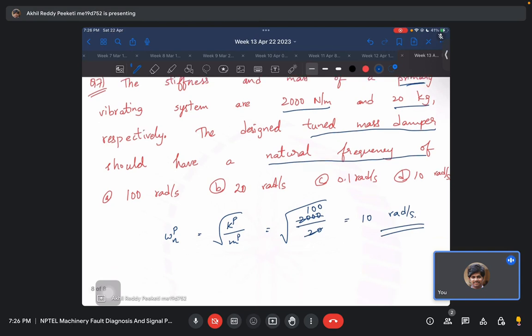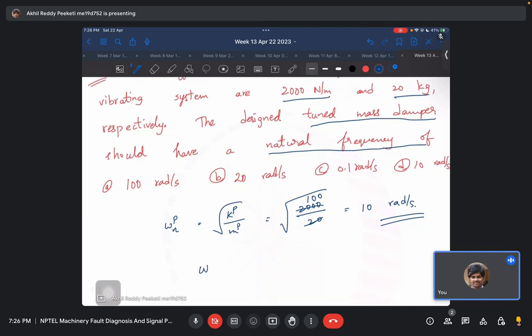If you are designing a tuned mass damper, what is the main condition? The natural frequency of the secondary system should be the same as the natural frequency of the primary system. That is the design condition for the tuned mass damper. So the natural frequency of the tuned mass damper would also be 10 radians per second.